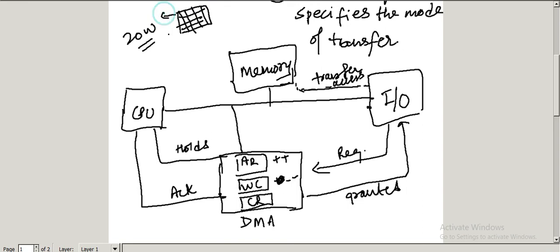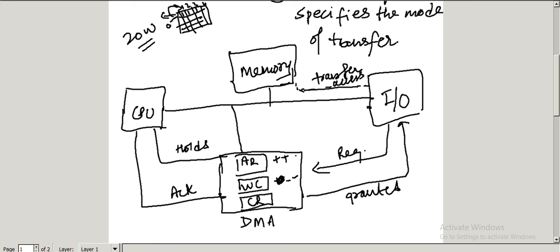So if we have 20 words, one word is stored there, and one is there. After each transfer we have to increment the address. So initially we have address 0, and then address 1, address 2, address 3, address 4. So that's why the address register is incremented by 1.